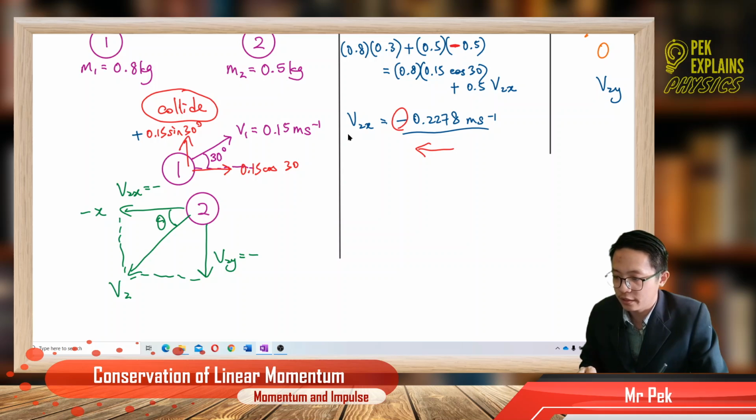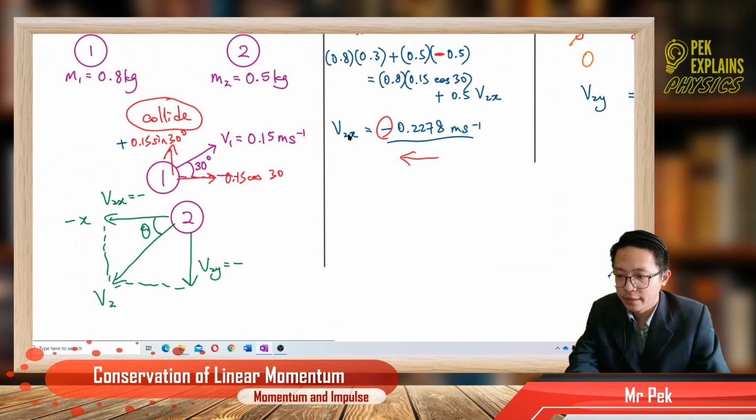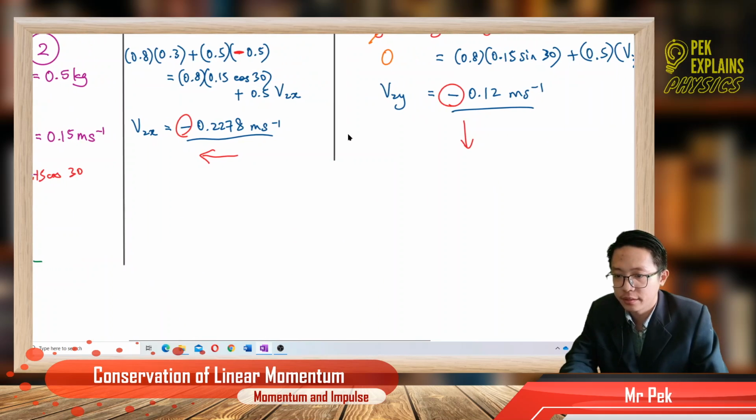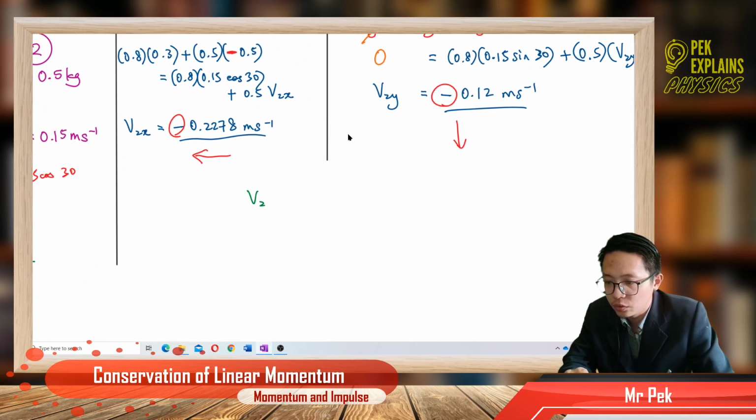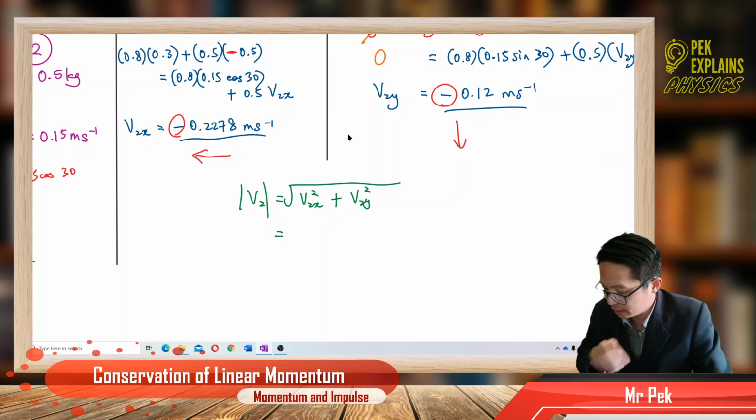Okay, so how to find V2? Very simple, the Pythagoras theorem. So let us find it out. V2, the magnitude. Modulus means magnitude. We square and square: V2x squared plus V2y squared.